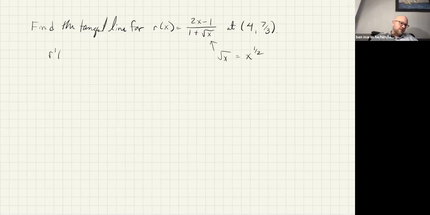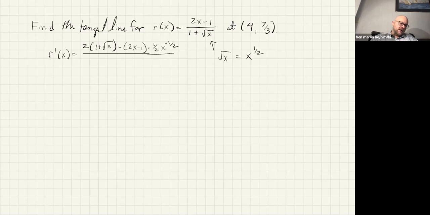So r prime of x, we'll take the derivative of the top first, and that's just 2 times the 1 plus the square root of x, okay? And then minus 2x minus 1, and the derivative of 1 is 0, but the derivative of x to the 1/2 is 1/2 x to the minus 1/2.